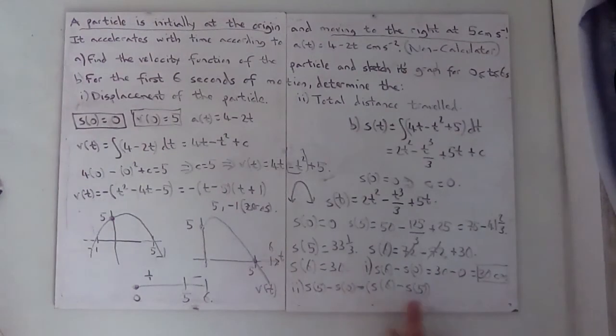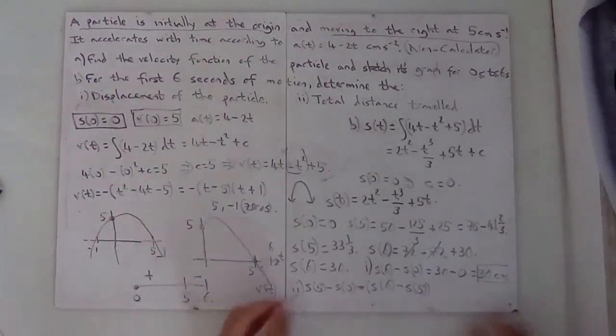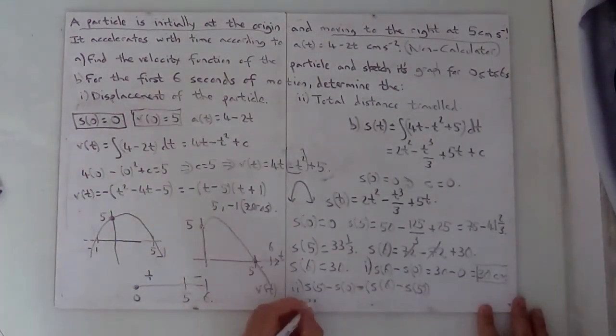Not really, but what I could do is say S5 minus S5 is 2S5, so 2S5 minus S0, well, it's just 0 anyway, but let's put it down, and then minus S6.